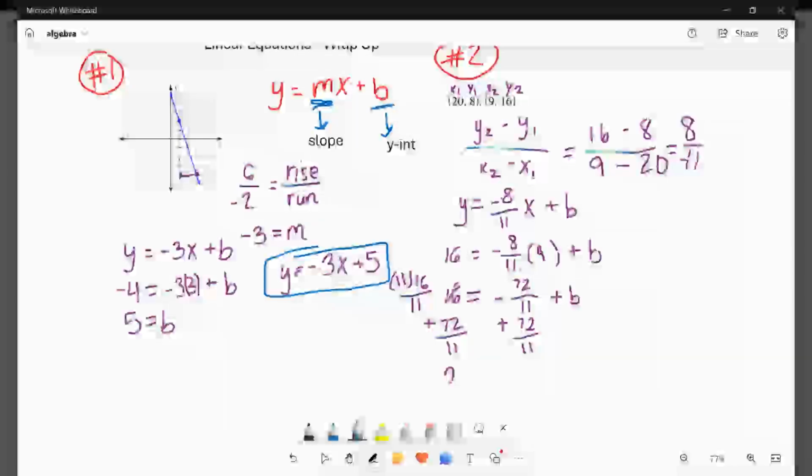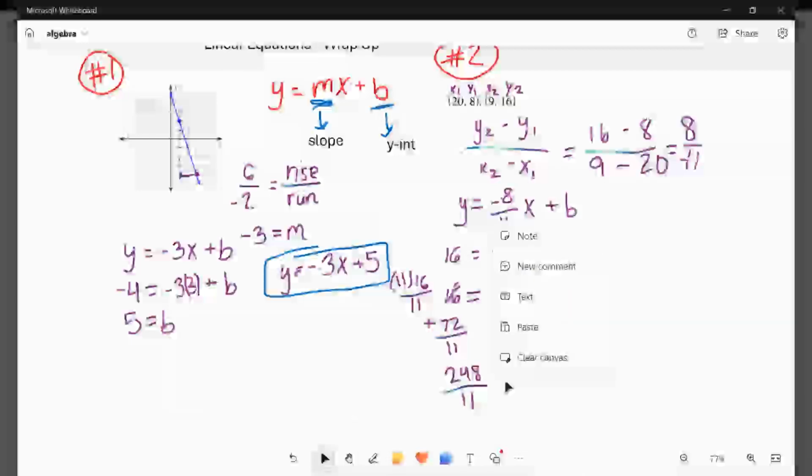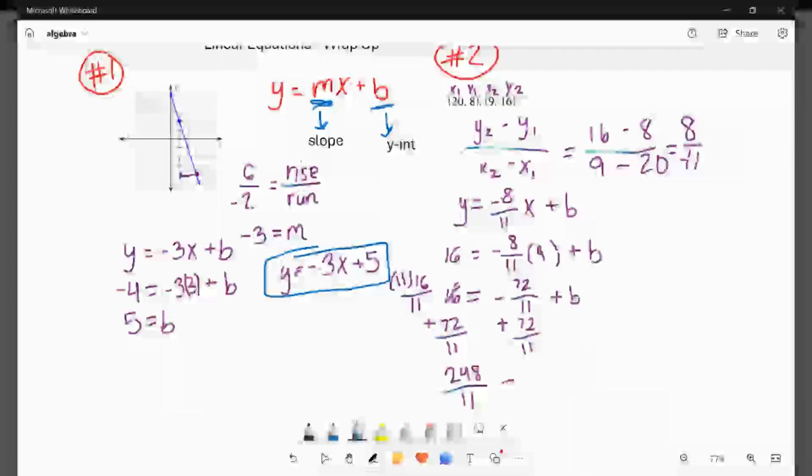Long story short, we get 248 over 11 equals b. Now, does that simplify? No, it does not. Yeah, unfortunately not the most beautiful number, but that's okay.